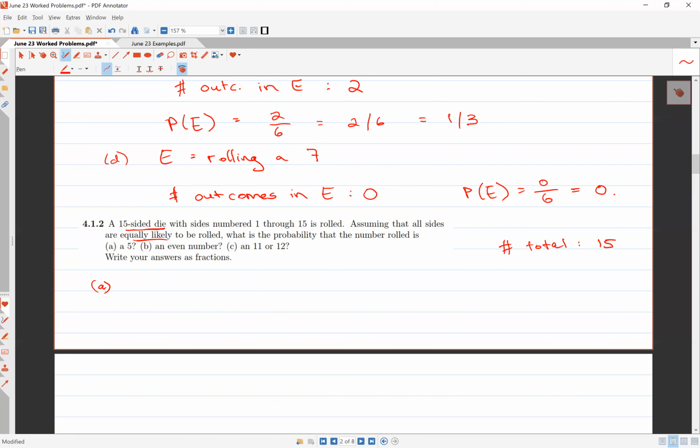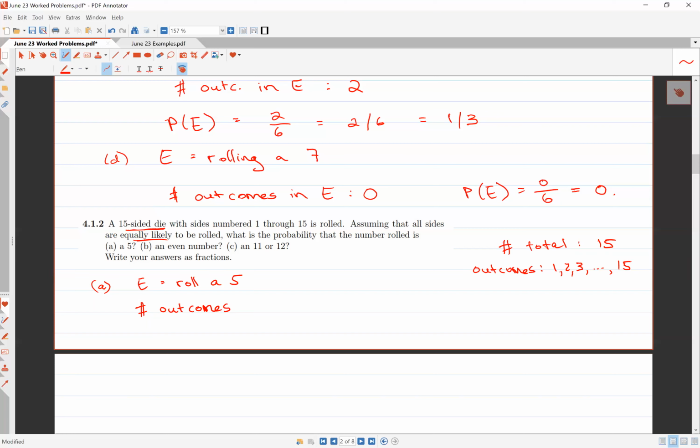Now let's look at part A, where our event is that we roll a 5. How many of the outcomes, and again, I can list the outcomes, it would be all the numbers 1 through 15.